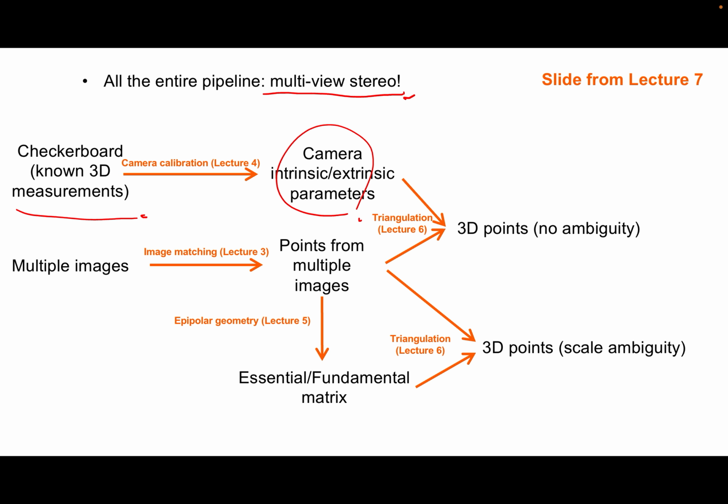Anything is okay. Then we have two inputs, multiple images and camera parameters. Then we have matching and do triangulation to get the full dense 3D surface. That is the 3D reconstruction of multi-view stereo.